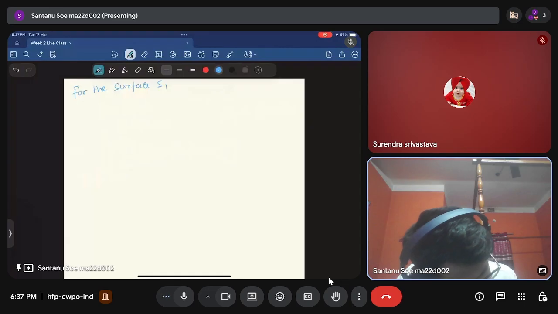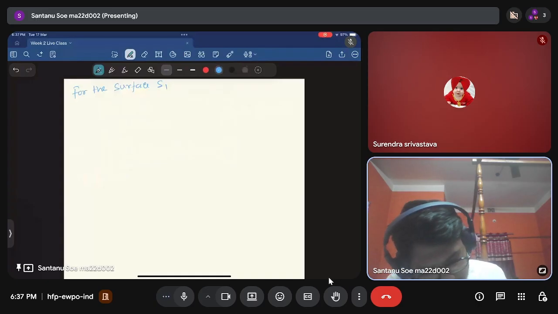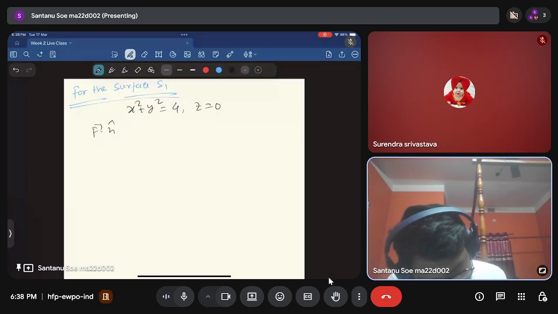So this will be our n cap, which is just minus of k cap, because this is our k cap. So that's why for the surface S1, the outward unit normal vector will be just minus of k cap. And then f dot n will be just z square, which is 0. So over the surface, the integral of f dot n dS is 0.